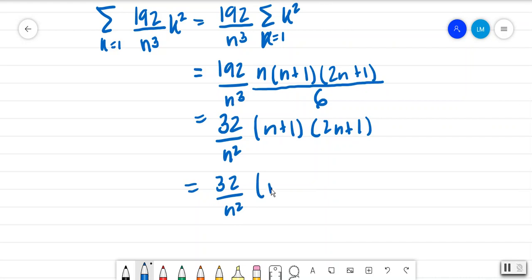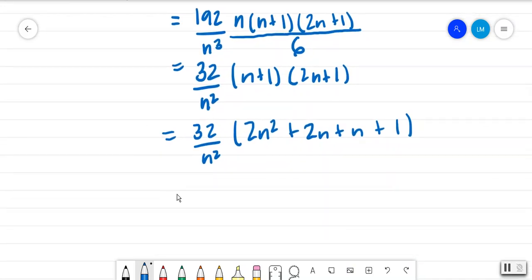So this is going to be 2n squared plus 2n plus n plus 1. And basically, when we distribute this, we're going to get 64 plus, okay, now technically that's going to be 3n, so that's going to be plus 3 over n plus 1 over n squared.